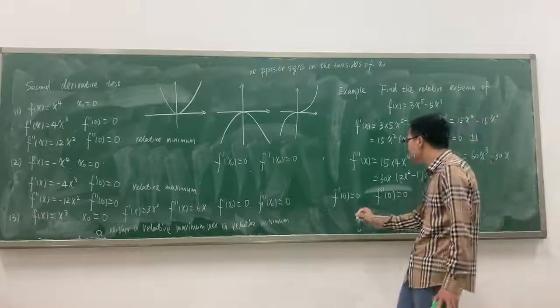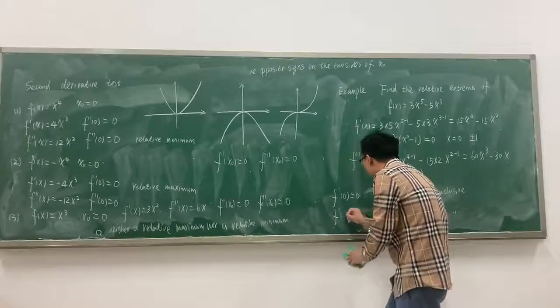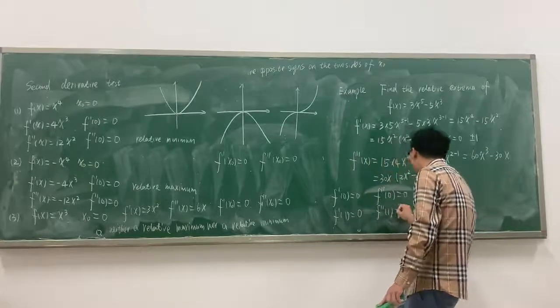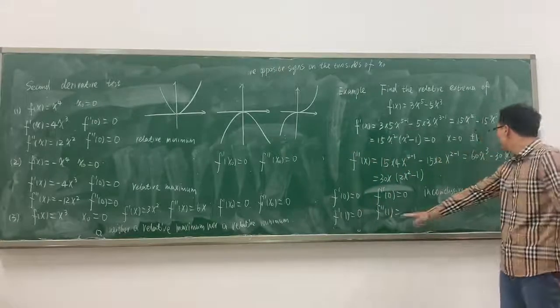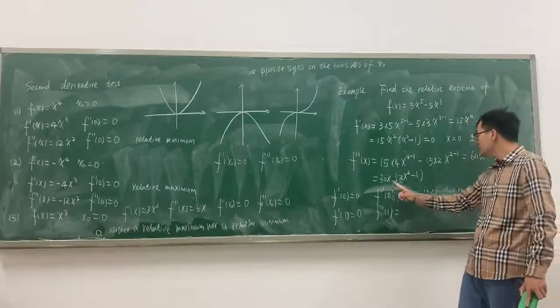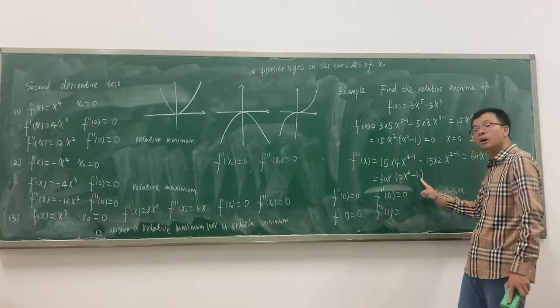Now the second, f prime at 1 equal to 0. f double prime at 1 is 30 times 1 times (2 times 1 squared minus 1), so it's 30.